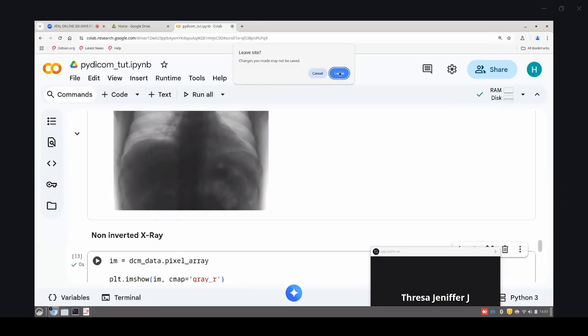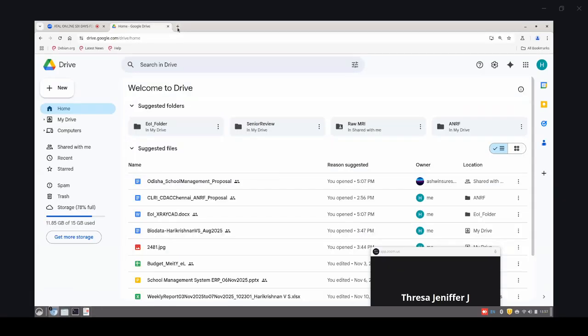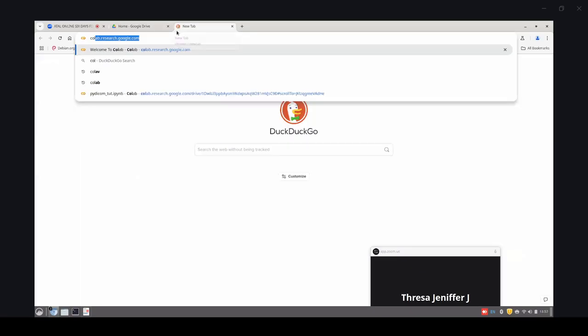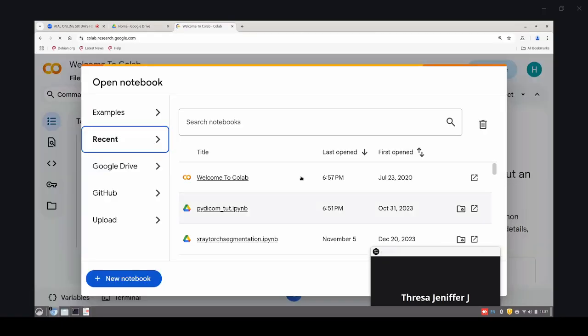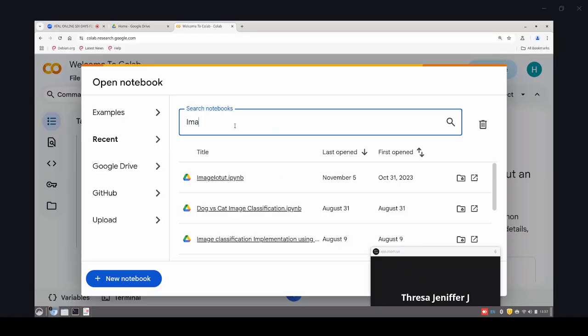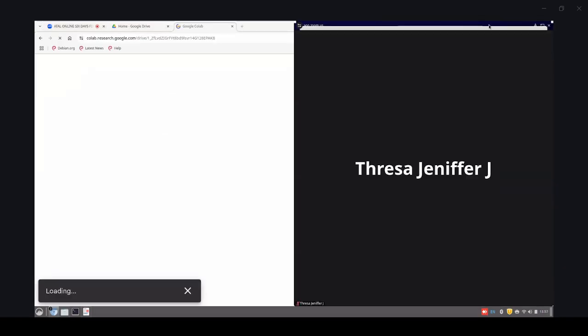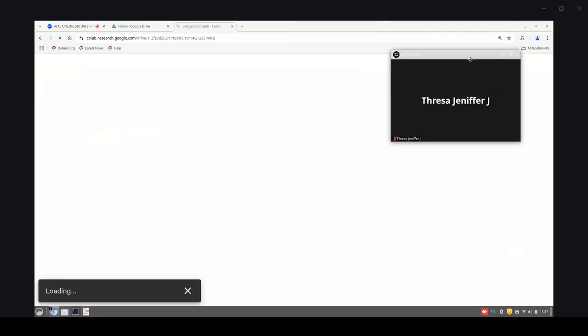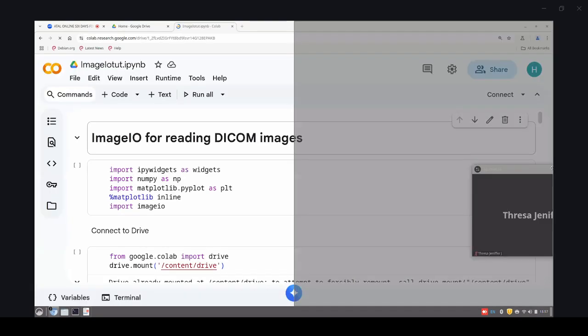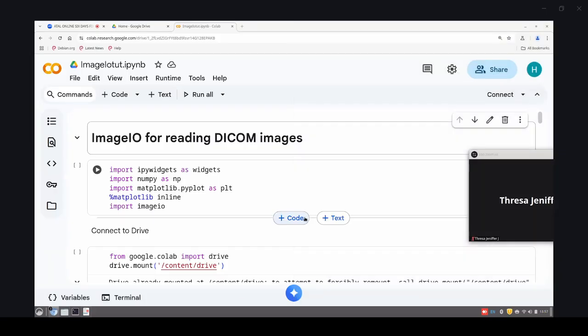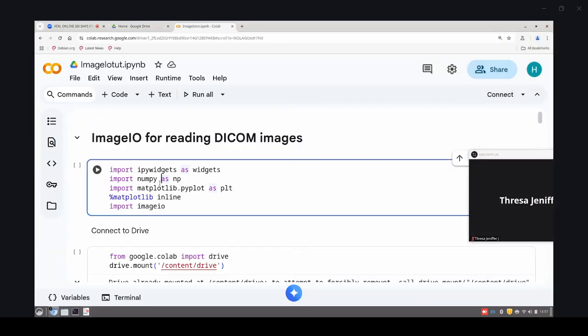So, more interesting, there is another library called ImageIO also in Colab Python, which you can use for working on 3D CT scan images. So let's see how it is different from the PyDICOM library.